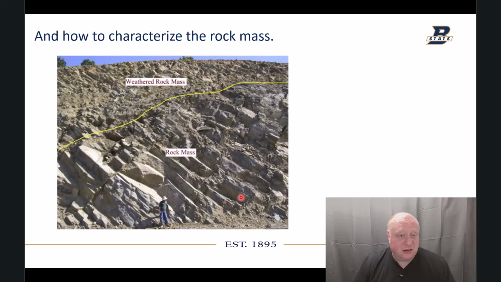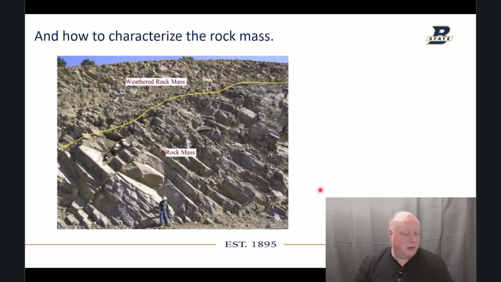We're also going to talk about characterizing the rock mass itself, so the whole thing, right? What's the rock mass like? You're going to characterize it a lot based on fractures and discontinuities. Where's the bedding here? I can't really see it, but there's a joint set here, joints here, and different stuff.